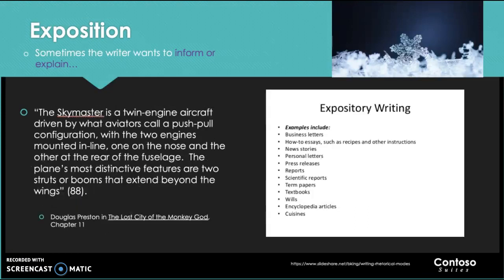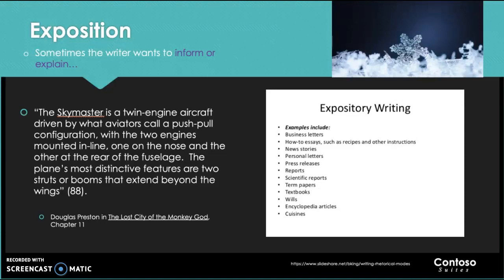All right, the next one is exposition. Exposition is all about informing and explaining. So this is telling. It's telling what happened, it's telling you how to do things, it's telling you how things work. It's very objective, and it doesn't have a lot of bias in it. The bias is very limited.